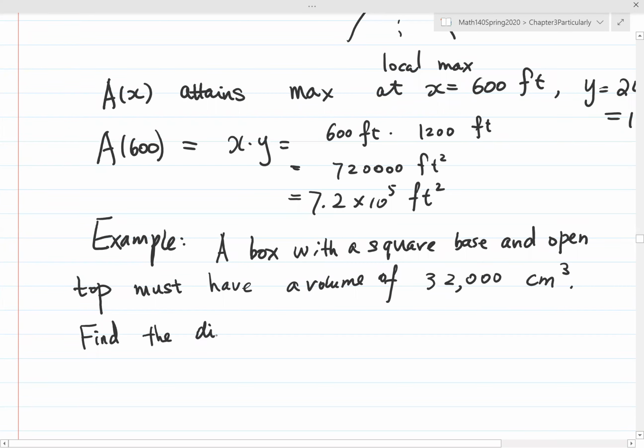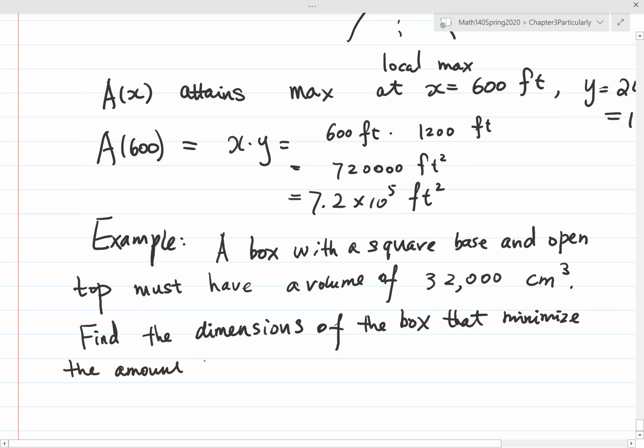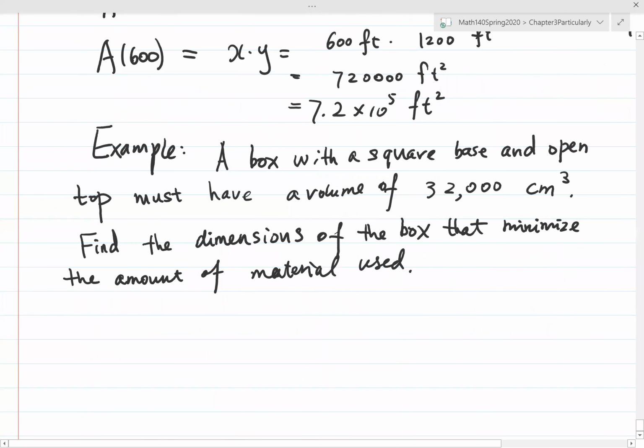Find the dimensions of the box that minimize the amount of material used. For this problem, we should make some reasonable assumptions.